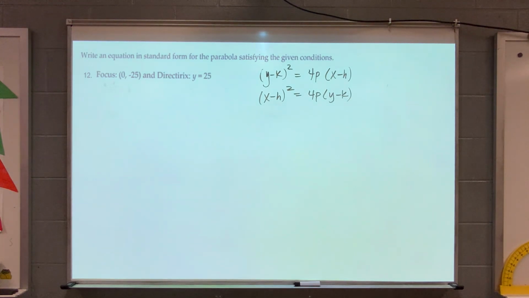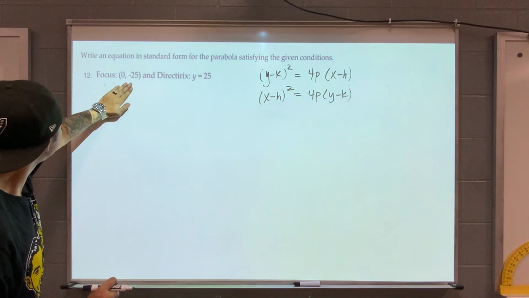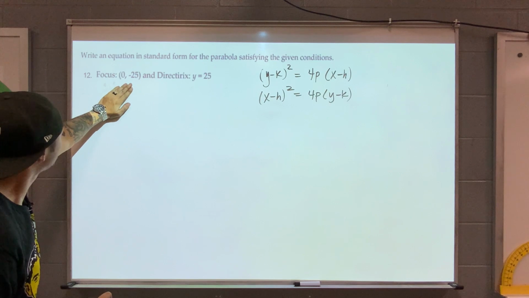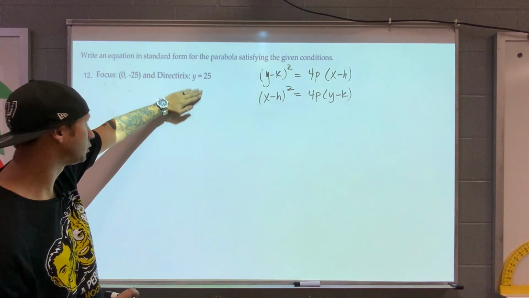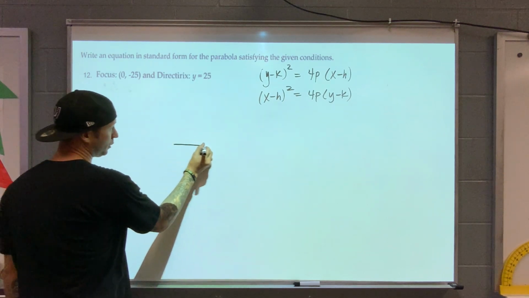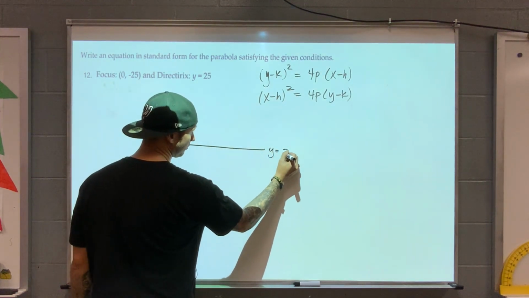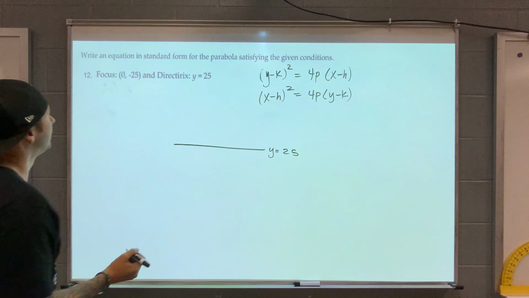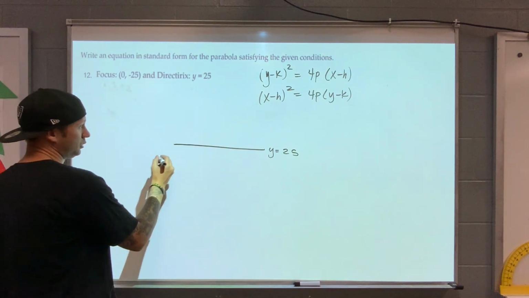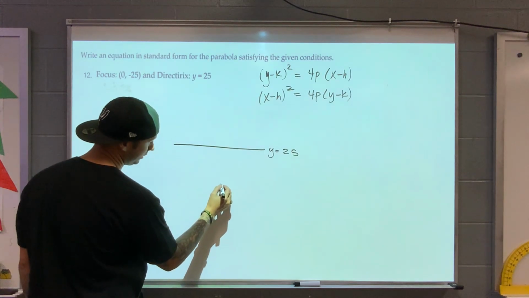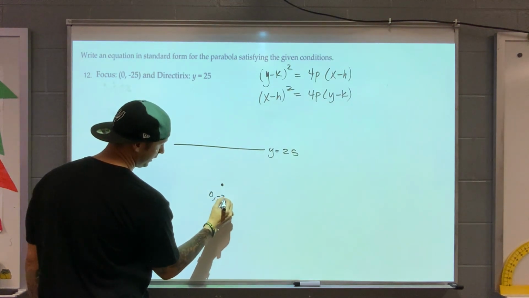Number 12. Focus is at 0, negative 25. Directrix is a horizontal line, y equals 25. So y equals is a horizontal line. Focus, 0, negative 25. So 0 and down to negative 25.